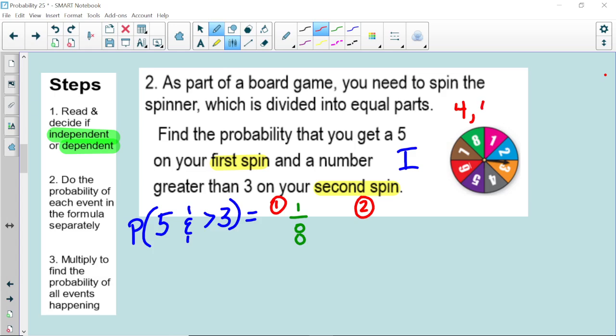Why don't we want to include number 3? It's got to be bigger than 3, greater than 3. We don't want it to be equal to 3, so we don't really care about getting a 3 here. Anything larger than 3 is favorable. So 4, 5, 6, 7, 8. How many chances is that? 5 out of 8.